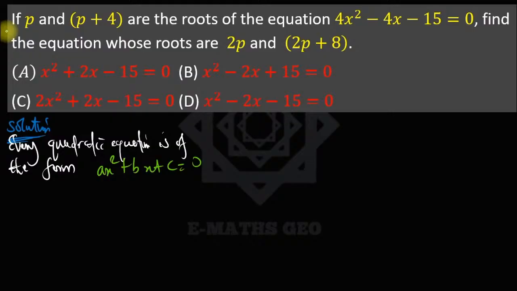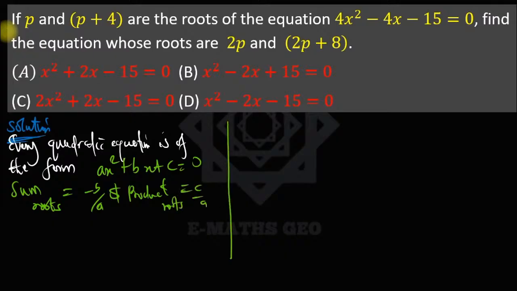And the sum of the roots is minus b over a, while the product of the roots is c over a. So that's it.